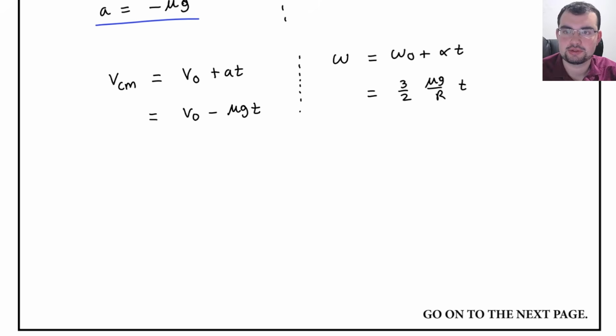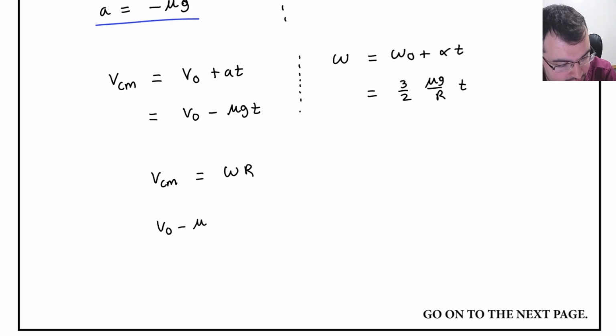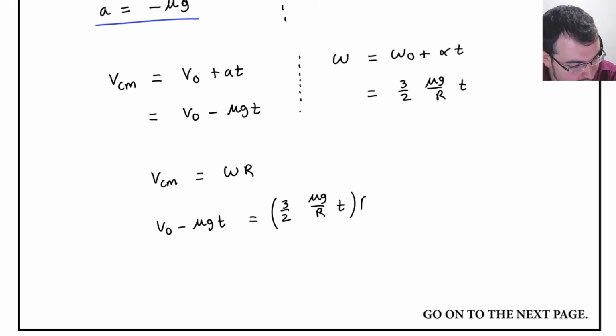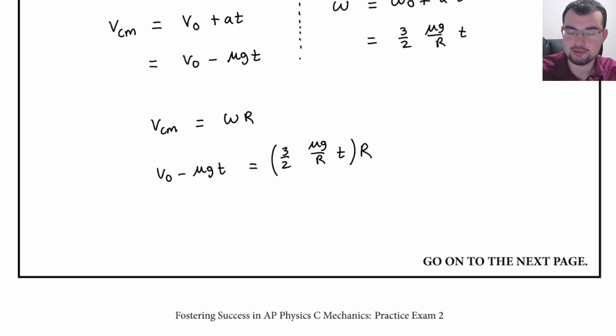Now, all of this is to allow us to set these quantities equal using the no-slip condition. So V CM is equal to omega times r. So we get V0 minus mu g t is equal to 3/2 mu g over r times t times r. So that gets rid of that extra r we were dealing with.